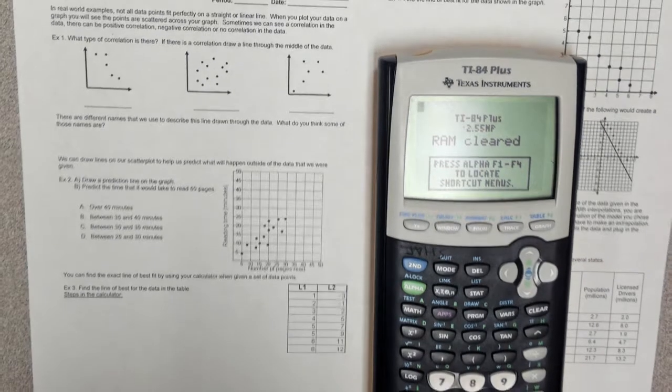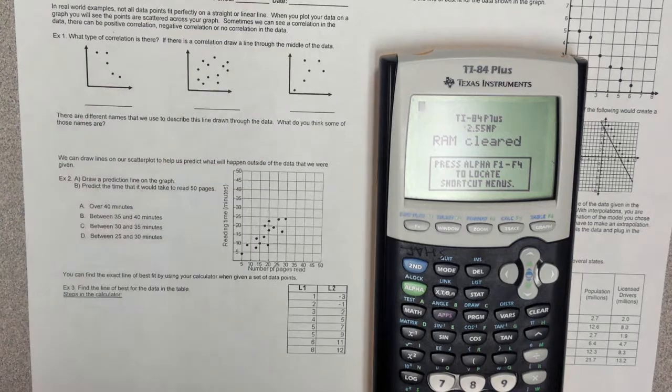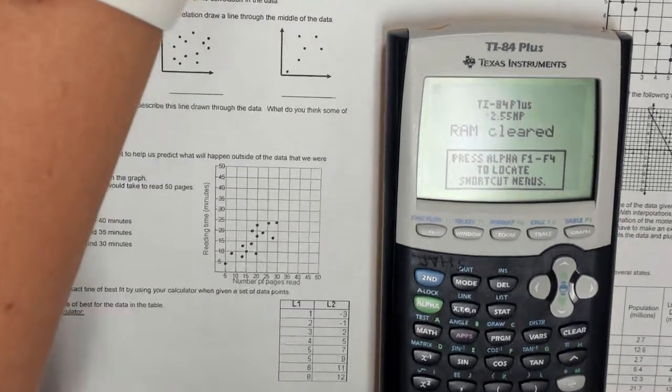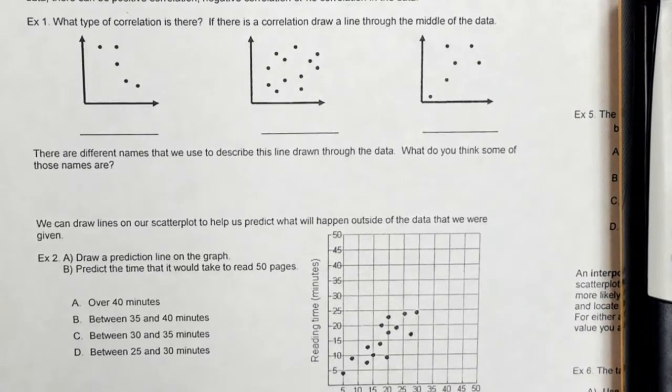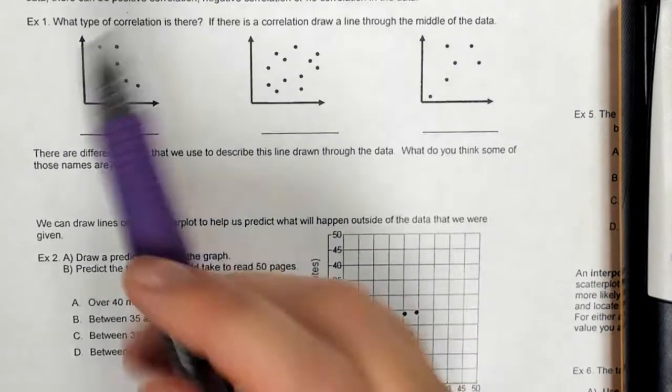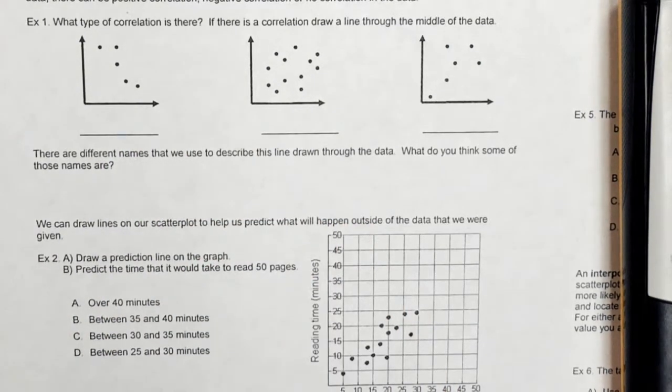Okay? All right. Does this look familiar to you if I show you some scatter plots and I ask you what type of correlation exists? Would you know what we're asking for there? Like, what type of correlation? For this one, do you know what kind of correlation, the relationship between x and y that exists there?